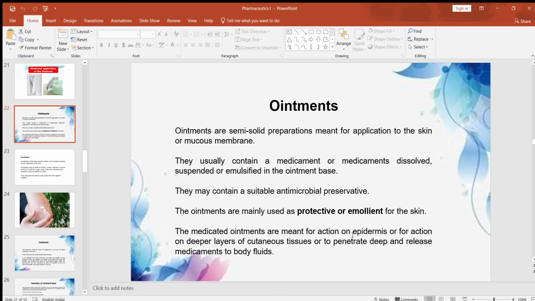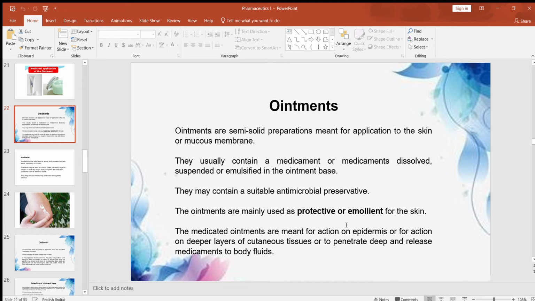Before that, these ointments, mostly medicated ointments, are meant for action on the epidermis or on the deeper layer of cutaneous tissue, or to penetrate deep and release medicament to the body fluid. Depending upon the type of drug delivery system we are designing, ointments meant for application to the skin can act on the superficial region, like the epidermis, which is the top layer of the skin.